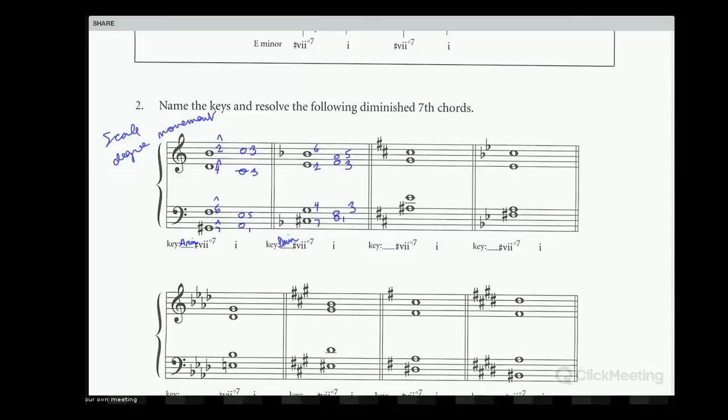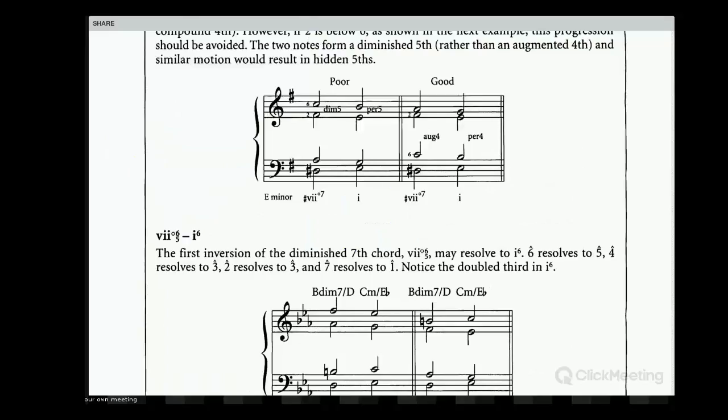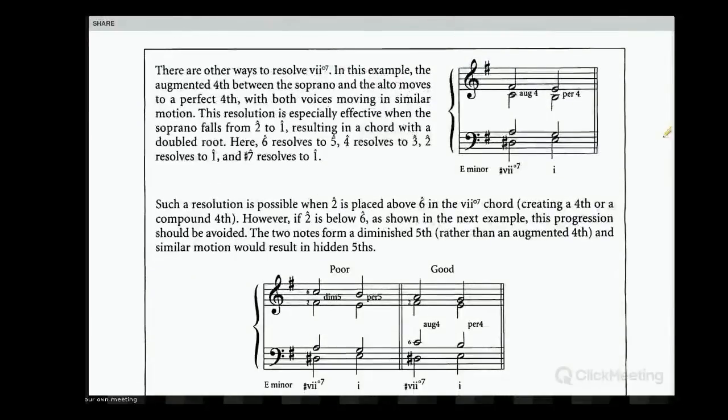There are other patterns. Let's take a look at one of them here on the next page. Now, for example, the augmented fourth between the soprano and the alto moves downwards. They move down to a perfect fourth, both voices moving in similar motion. This resolution is especially effective when the soprano falls from 2 to 1.